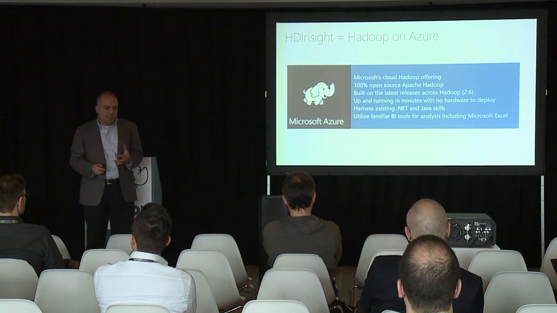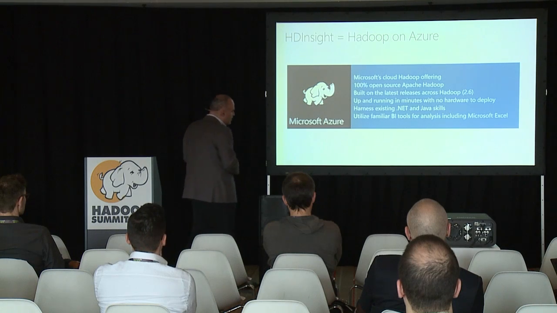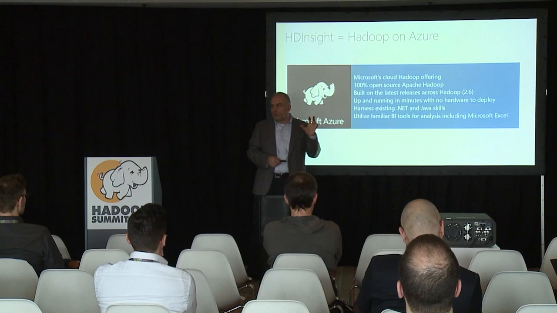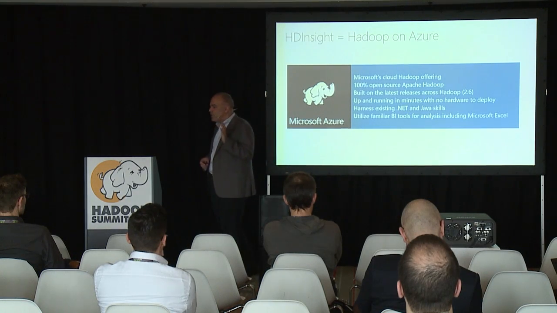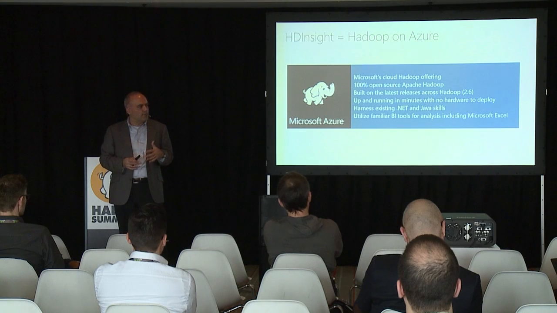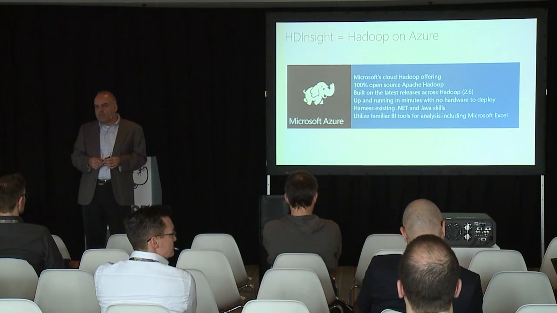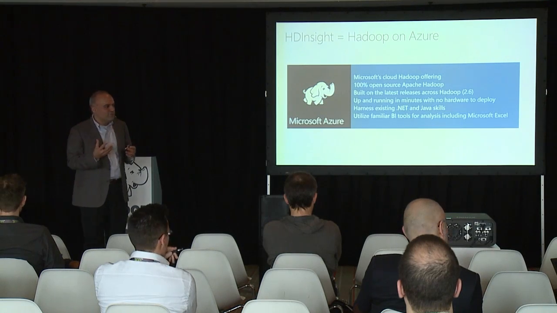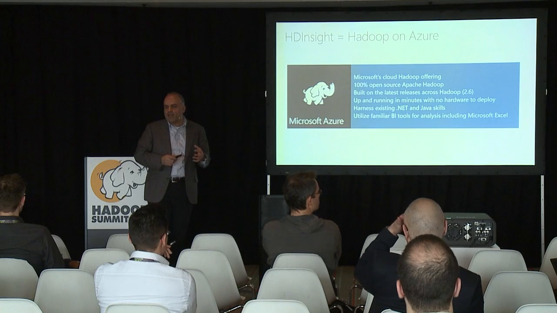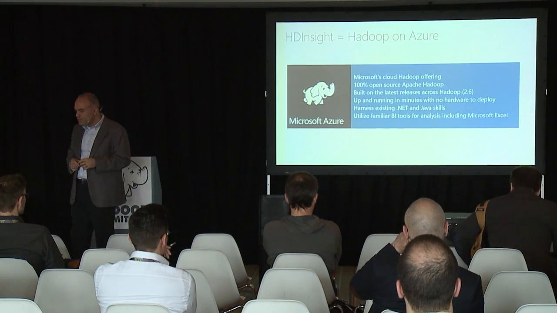So HD Insight, as hopefully you picked up through some of the keynote talks and other places, is Hadoop on Microsoft Azure. So it's Hadoop in the cloud. It's based on a 100% open source Apache compatible Hadoop distribution, which our partners at Hortonworks provide. There's no secret piece that's different. There's no internal API that once you start using this, you're going to be locked into. It's pure Hadoop.